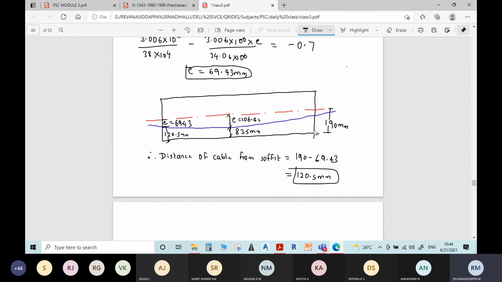At the support the cable is located at a distance of 120.5 mm from the soffit of the beam. So this completes the problem.